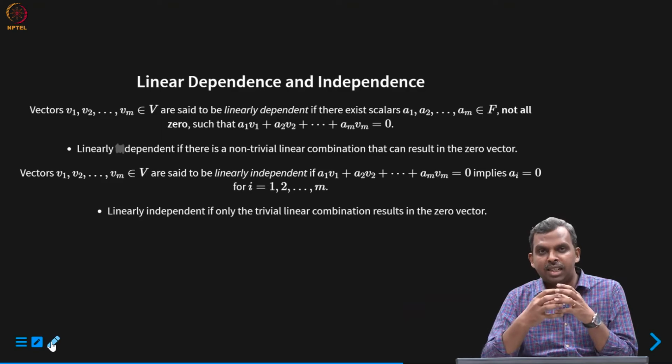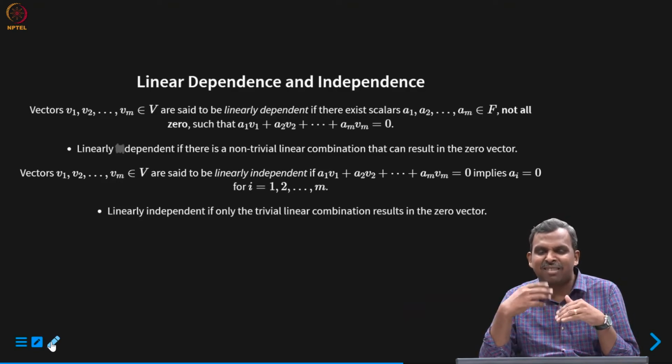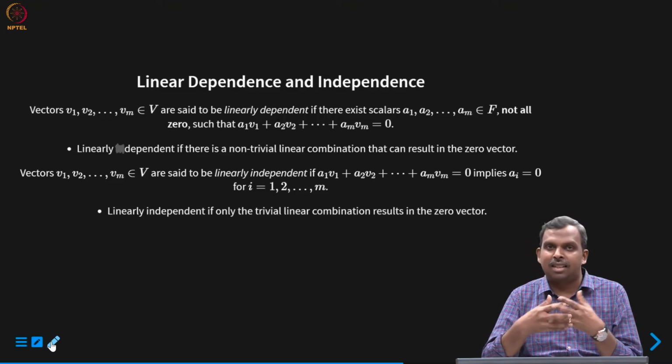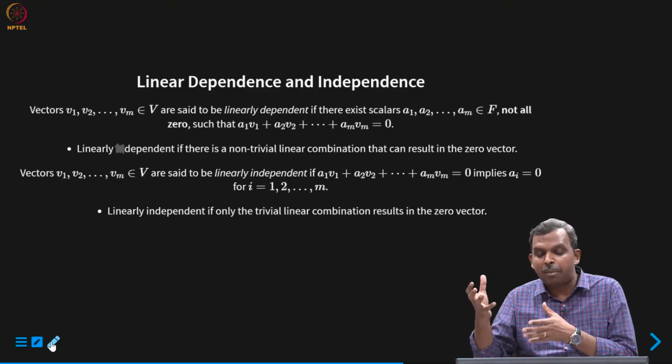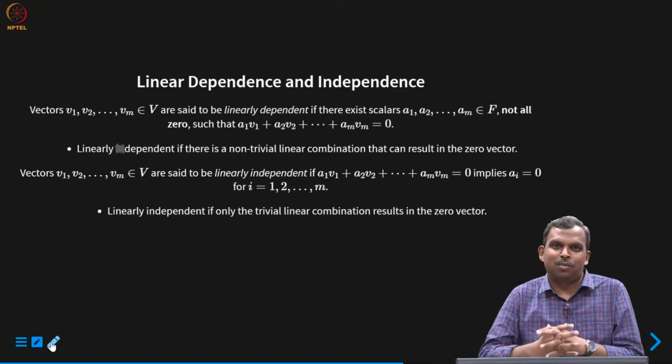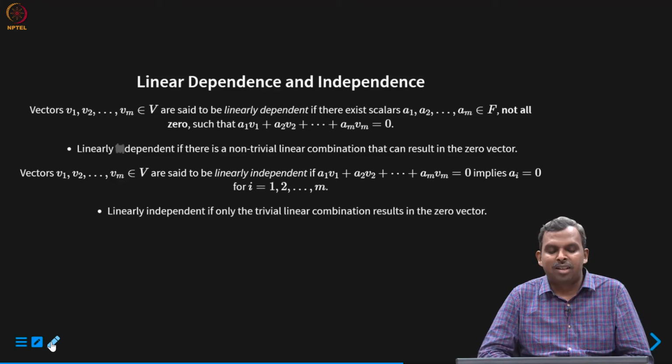So a linearly dependent set has some linearly redundant vectors. On the other hand, in linearly independent sets, every vector adds some new information. This is something to keep in mind when you think of linear dependence and linear independence.